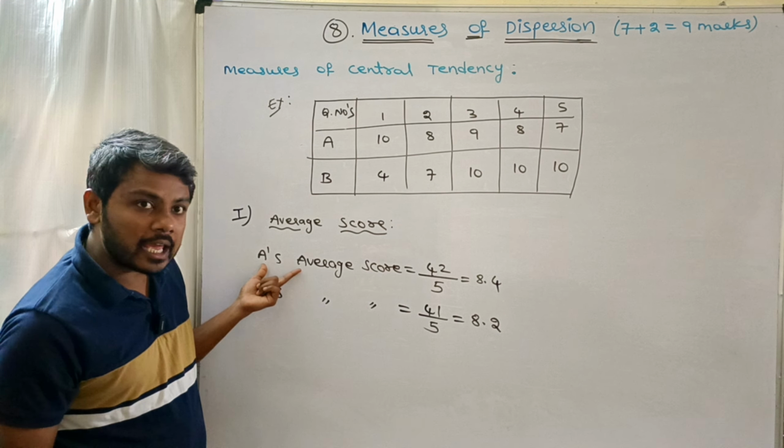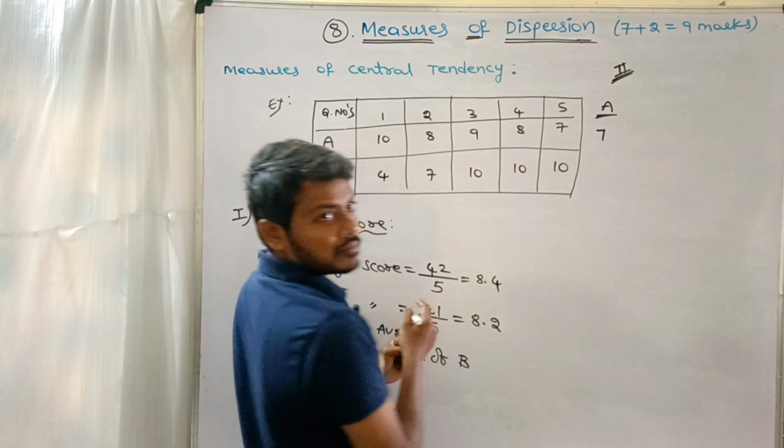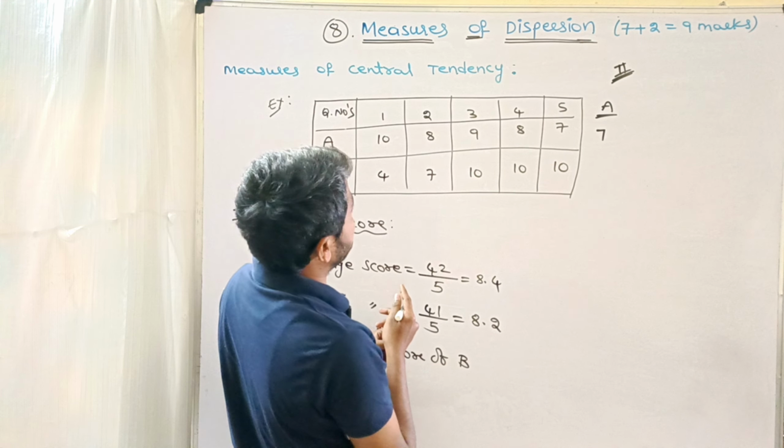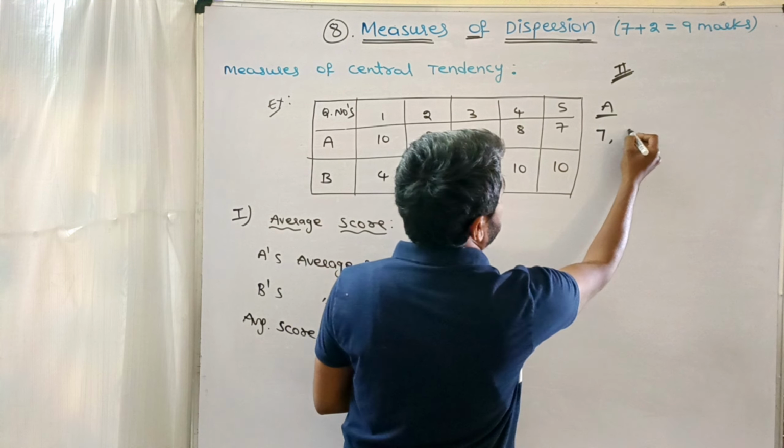Next, in the second case, write the scores in either ascending order or descending order. So first A's score. Write in the ascending order. So clearly the least number is 7. Next, after that 8.